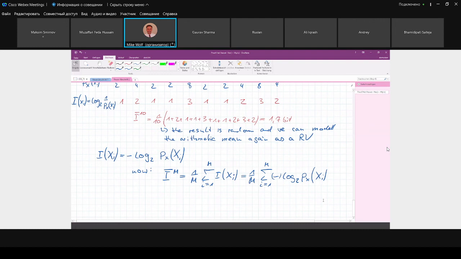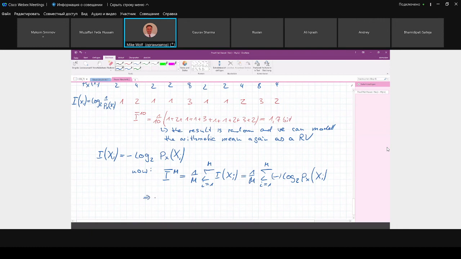But for large M, the variance of this result becomes lower and lower. And again, it converges in probability to the expected value of the information content. And this is just the entropy.